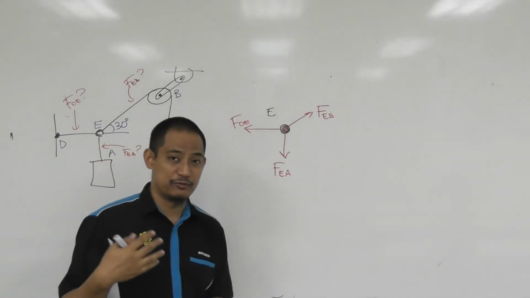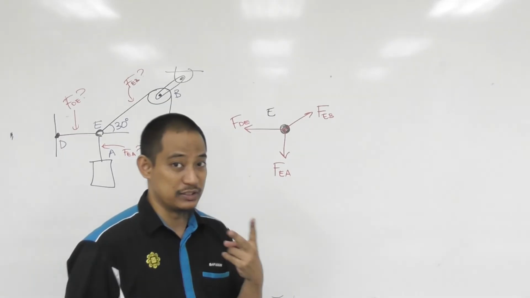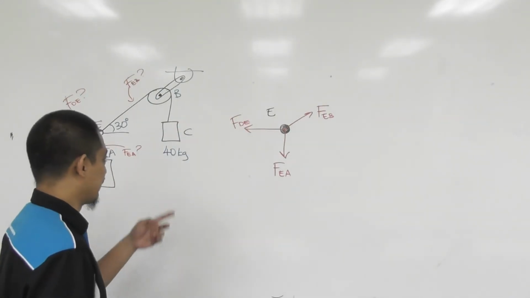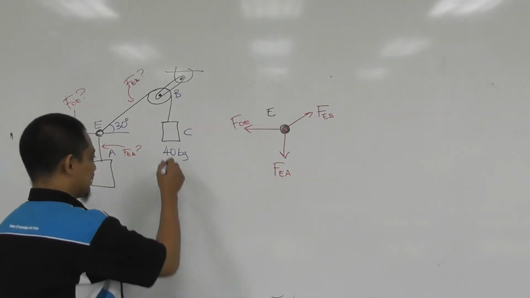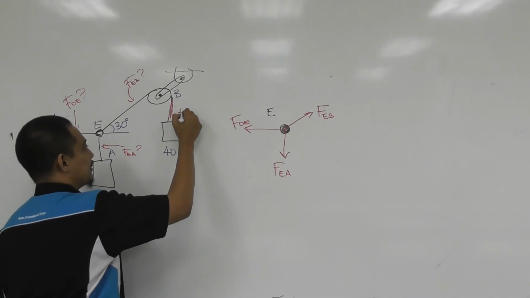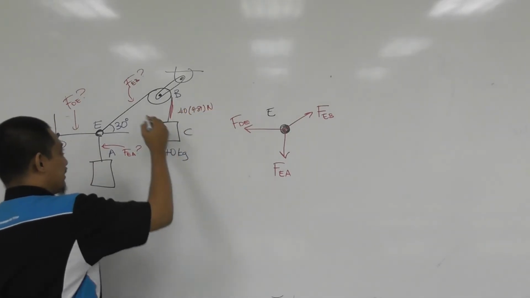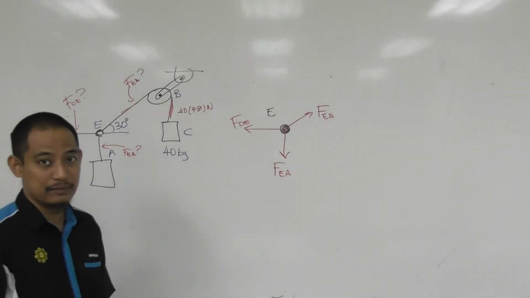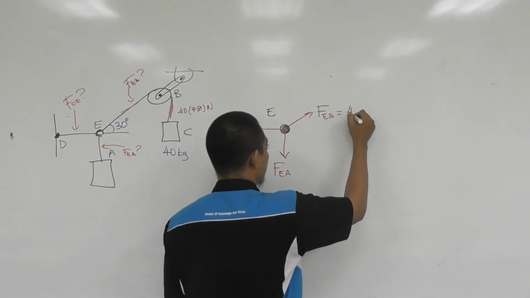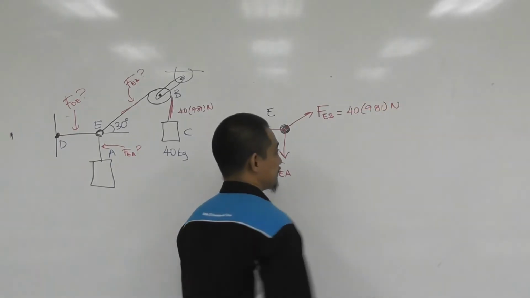However, as we mentioned before, there can only be two unknowns in one question for 2D because we have only two equations later on. So something must be known, and when this is given, this tension is known, which is basically 40 times 9.81 Newton. And that should be the same here. So actually FEB is known to be 40 times 9.81 Newton.